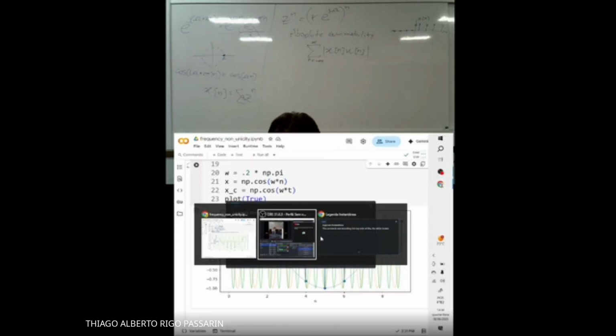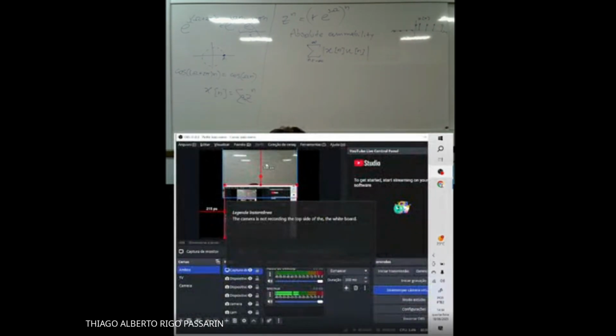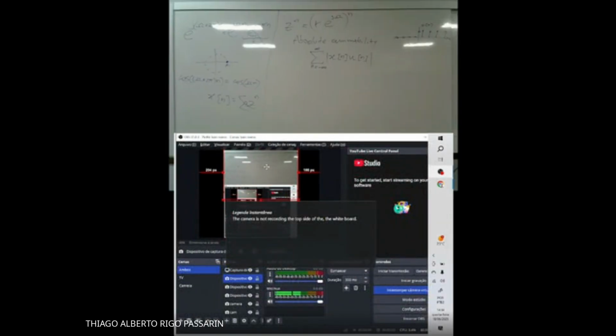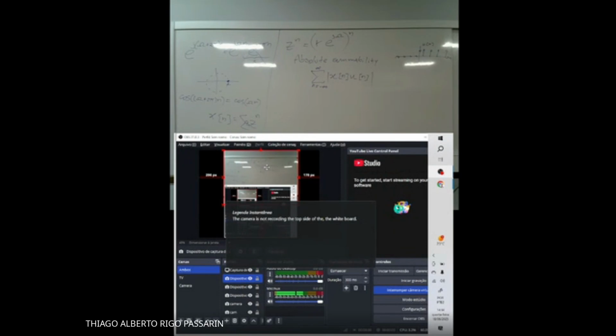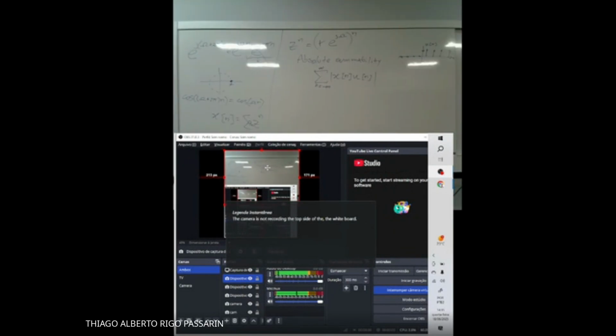The camera is not recording the top side of the whiteboard. Let's check it. Okay now? Yeah, but also this OBS window is overlapping the whiteboard.